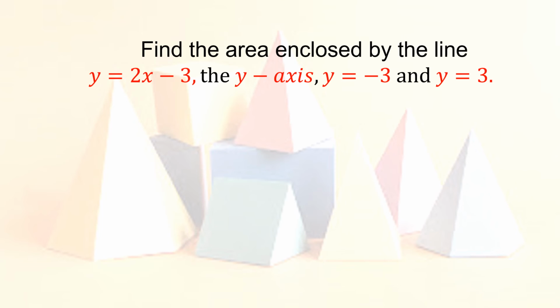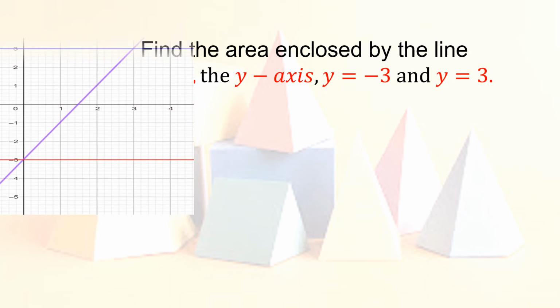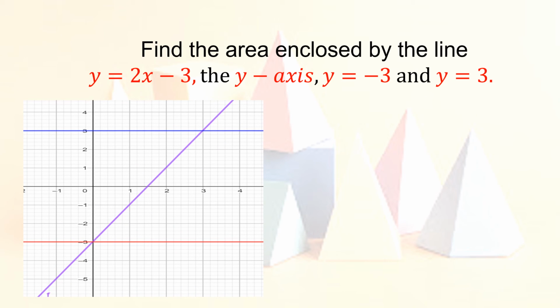Now let us have the last example. Let us find the area enclosed by the line y equals 2x minus 3, the y-axis, y equals negative 3, and y equals 3. So in here, we are going to graph first. And then this is the area enclosed by the line y equals 2x minus 3, the y-axis, y equals negative 3, and y equals 3.